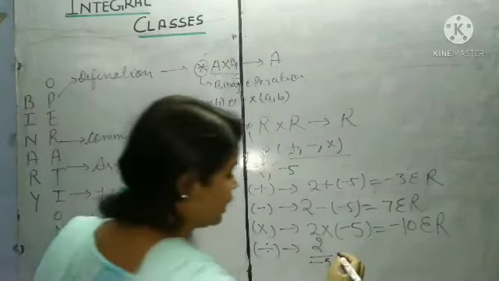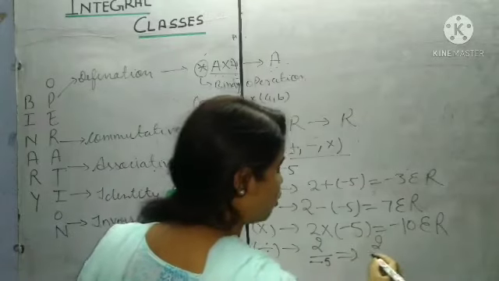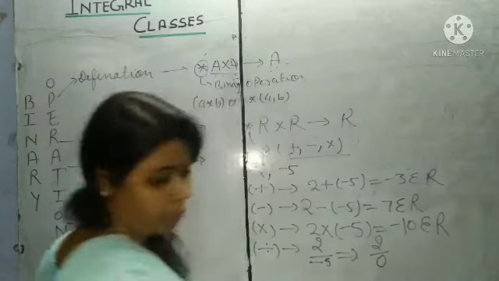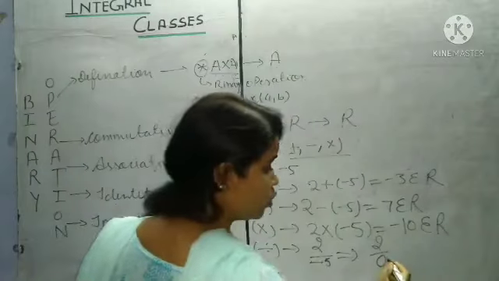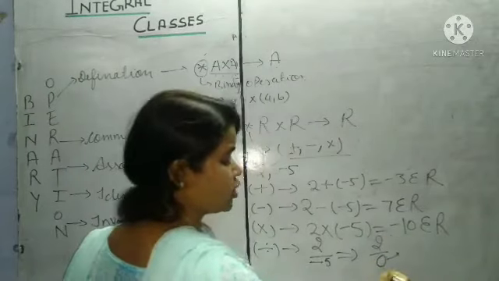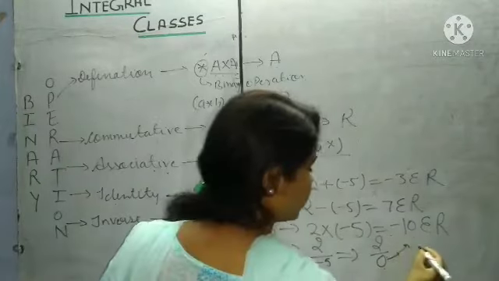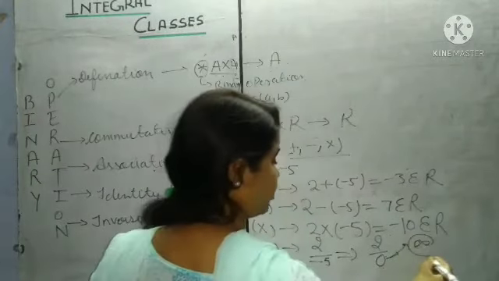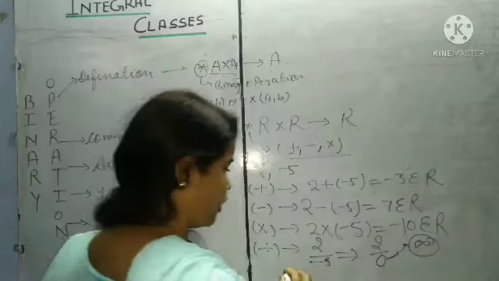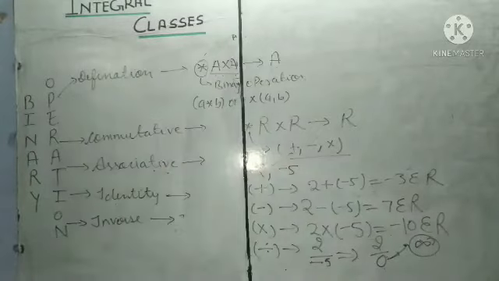But if we take, suppose, 2 upon 0, any element divided by 0 tends to infinity. So for division, binary operation does not work.